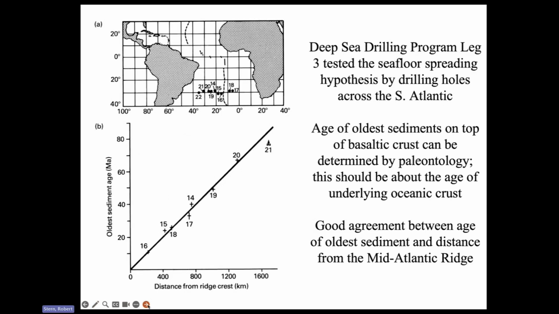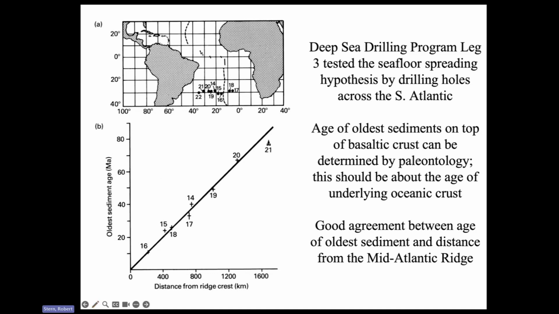Now, one of the key things that led to basically settling the controversy, nothing is ever proved in science, was oceanic drilling around the southern Atlantic spreading ridge, where they had identified magnetic anomalies, and from that inferred the age of the oceanic crust. And then they drilled it, right? These are all drill holes, 14, 15, 16, 17, 18, 22.